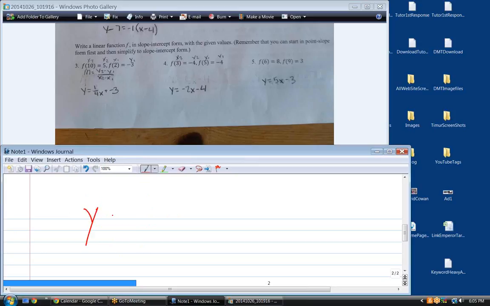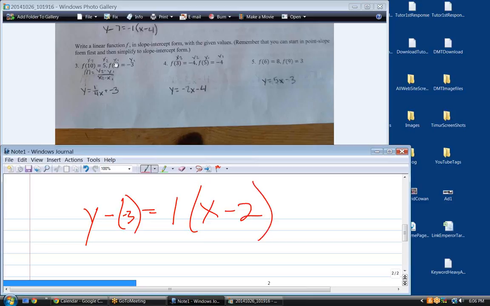So we know that y minus y sub 1 equals 1 times x minus x sub 1, where y sub 1 was minus 3. Again, we've got minus a negative number, times x minus 2.